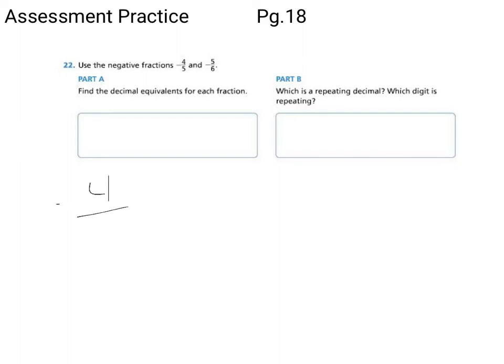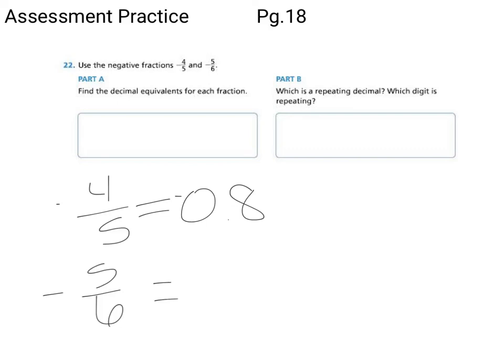So -4/5 and -5/6. So it's -4 divided by 5. You get -0.8. -5 divided by 6, you get -0.83. So it's -0.83 with the 3 repeating.